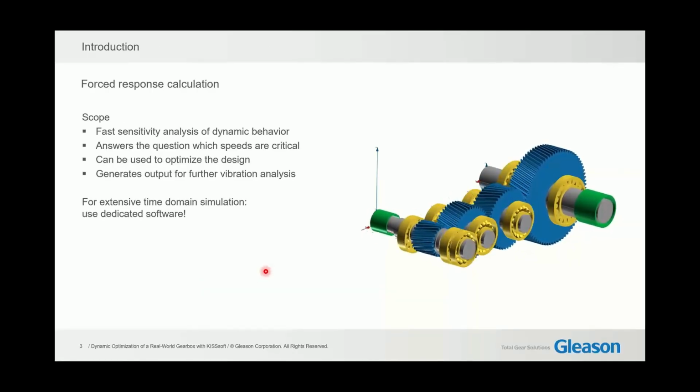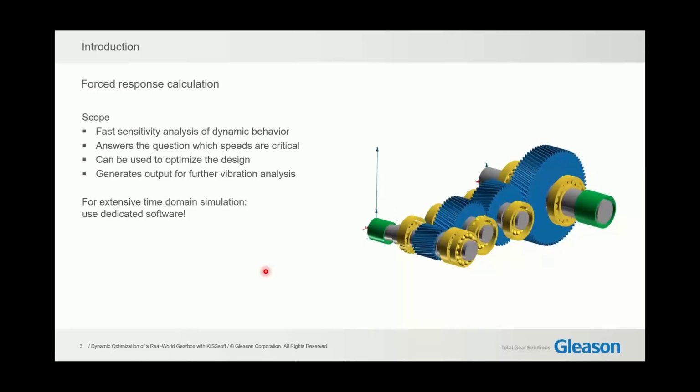So what is the force response calculation in KISSsoft? The scope is that we have a fast analysis of dynamic behavior. We don't have all possible means to model things, so it's more a sensitivity analysis where you can find out what are the critical speeds and frequencies.